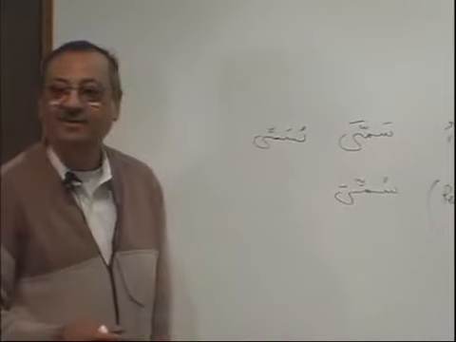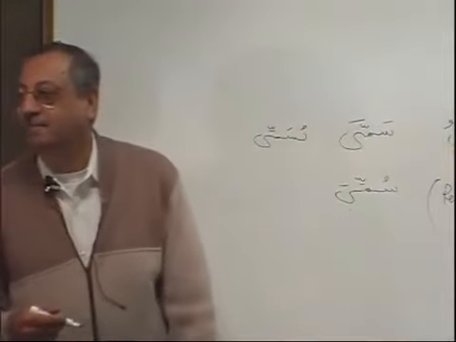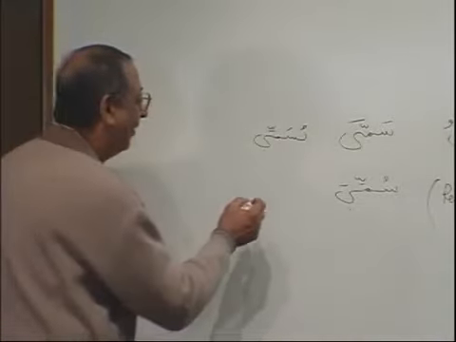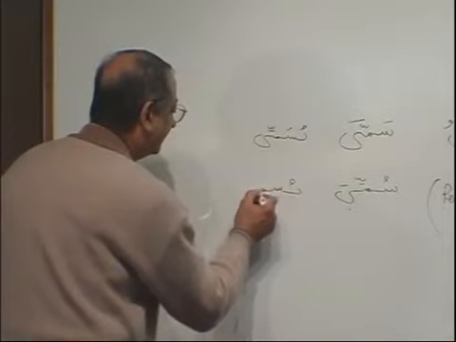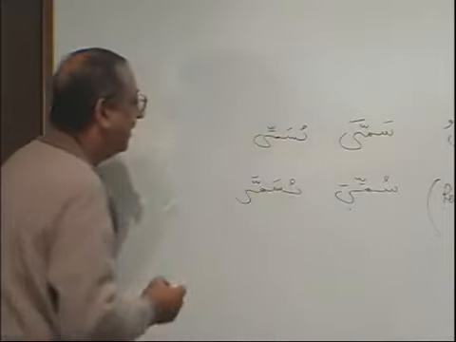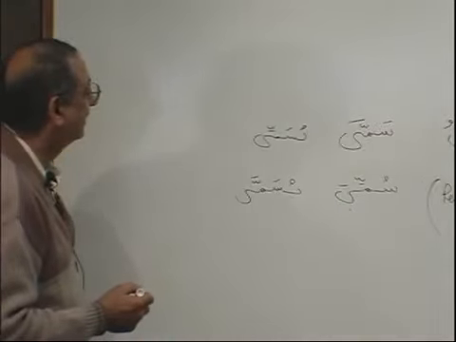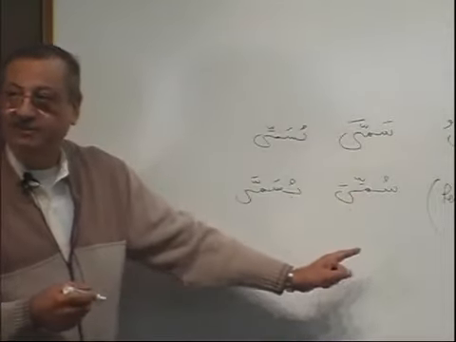Okay, now in mudhariya, the ain kalima gets a fatah. So it will be now yusamma. Are you with me, brother? Here I will say summiya. Are you with me?